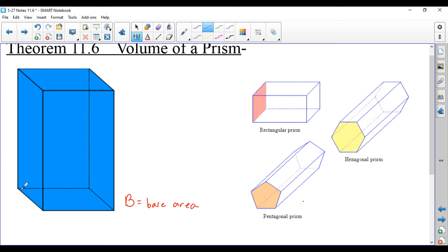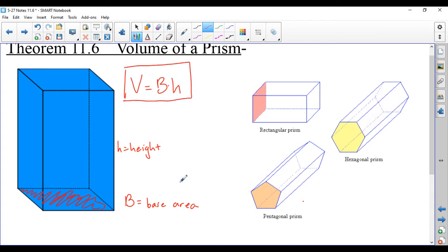So capital B would be the area of this entire rectangle. And then we need the height, which is h. So the formula for volume of a prism is base area times height.